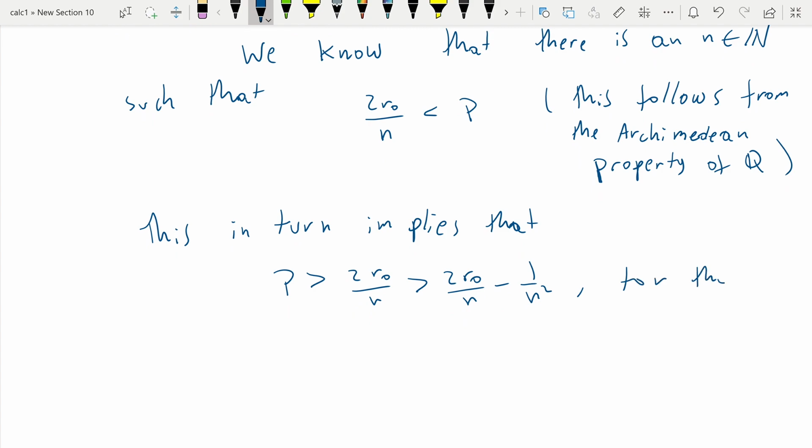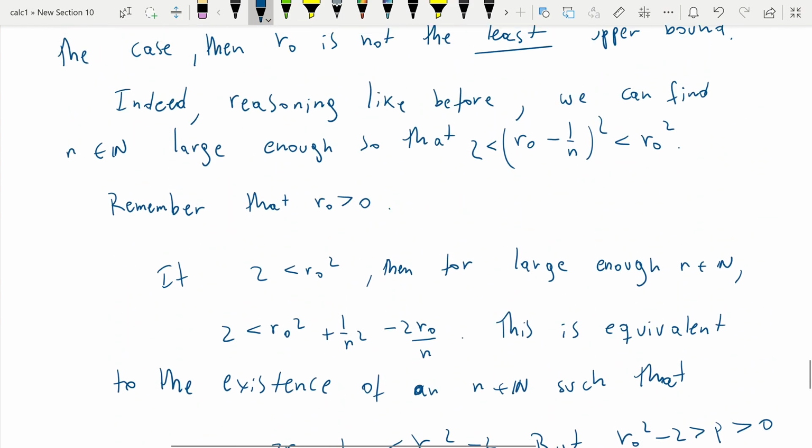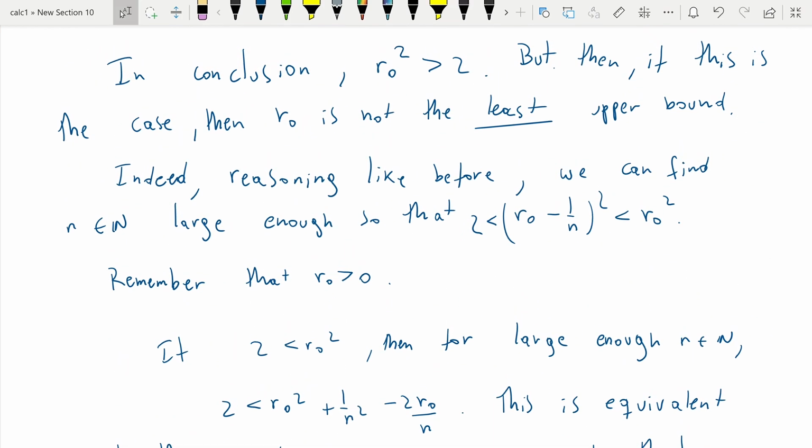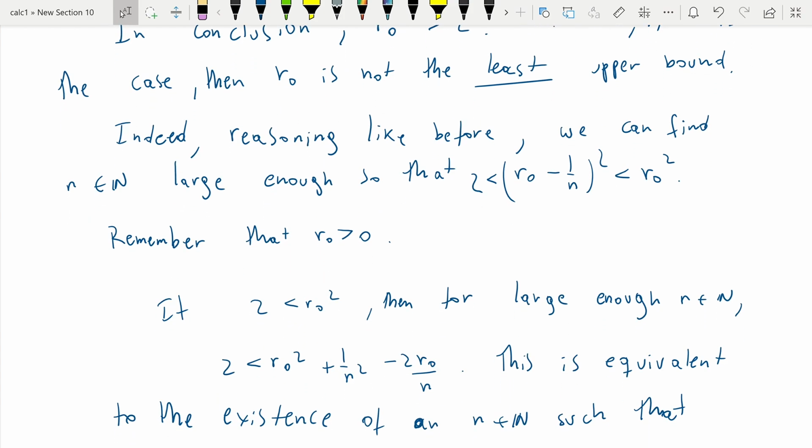For that n, and this is what we wanted to show, there's a number n such that R naught minus 1 over n squared is in between 2 and R naught squared.